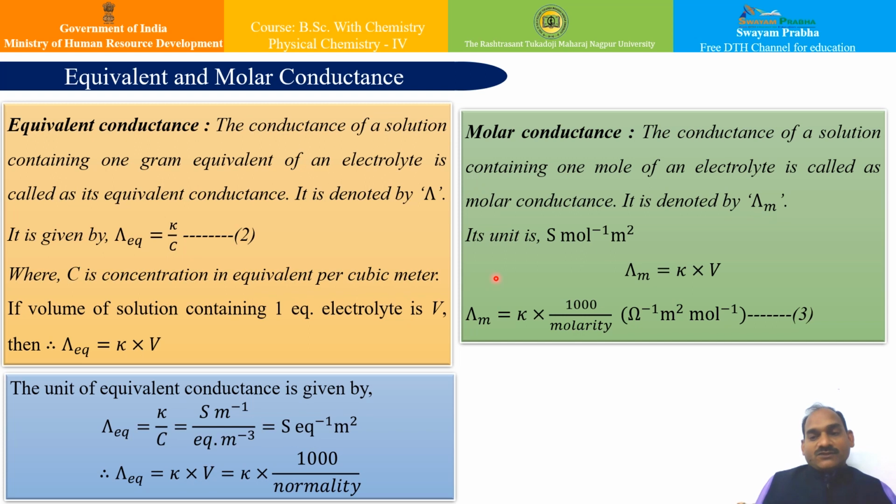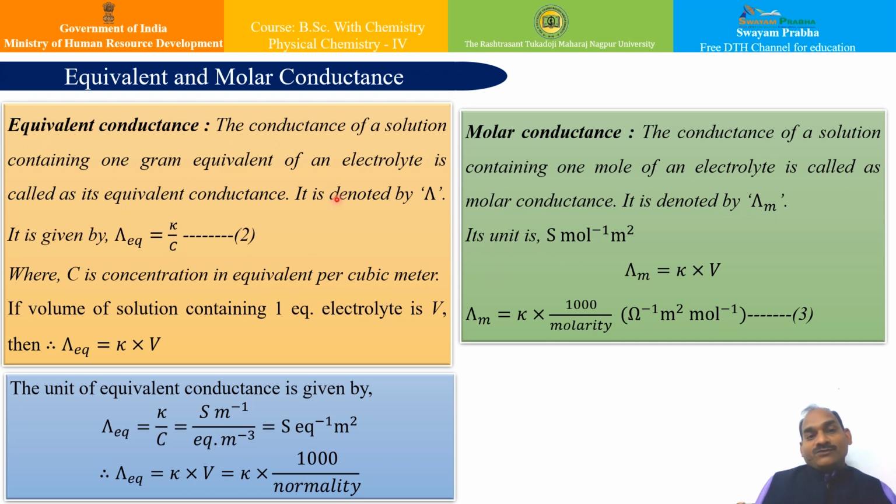Now, based on this concept of specific conductance, we need to find out what is equivalent conductance and what is molar conductance. We need these because we are dealing with solutions, and we need to find out how our solutions are formed, how many gram equivalents are present in solution, and how many gram equivalents are providing the resistance to the solution.